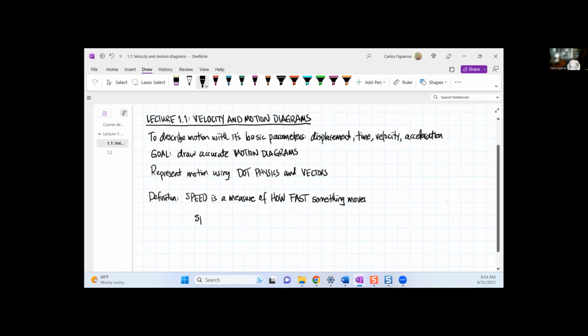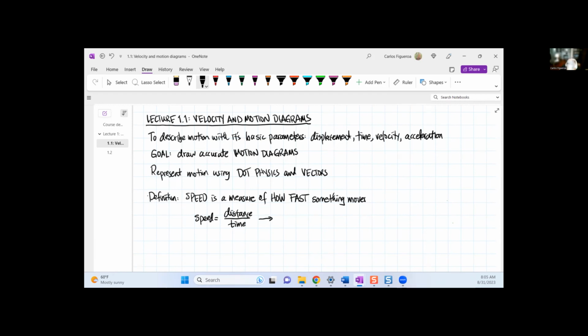So when we write speed, it really means the distance over time, which tells us how quickly distance changes with time. That's what this equation really tells us. And this is what we call a rate.